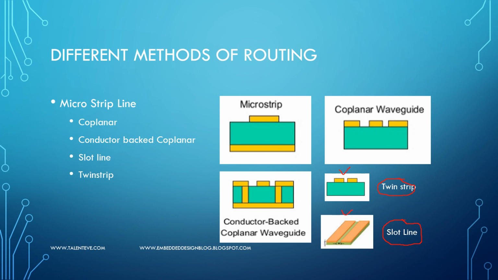And then there is something called coplanar microstrip line, where you will have a transmission line surrounded by ground plane on either side. If you see here, this will be one ground routing, and this will be another ground routing, and in between you will have the signal routing. This kind of topology is called the coplanar waveguide, which is used in the microstrip line topologies.